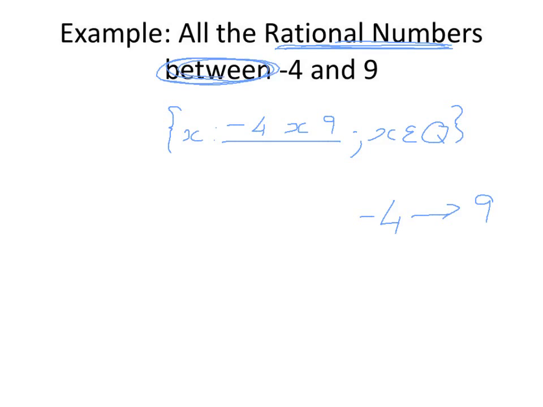If it lies between -4 and 9, it's -3, -2, -1, all those numbers up to 8. So in other words, x is greater than -4 and less than 9. But it doesn't include -4 and it doesn't include 9 because it lies between. It's all these numbers between it.